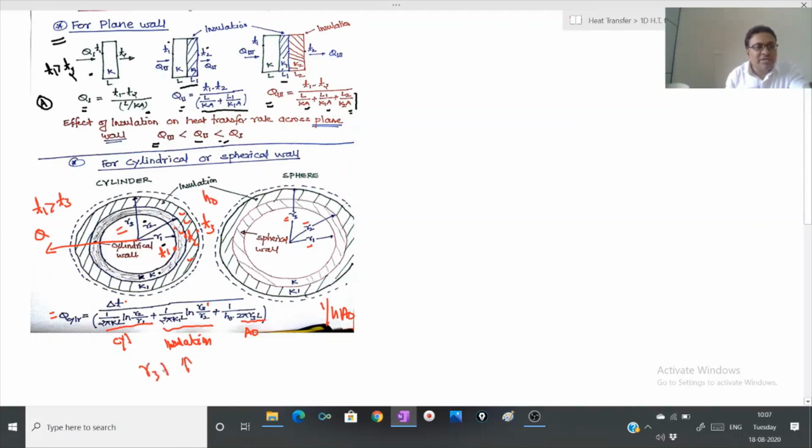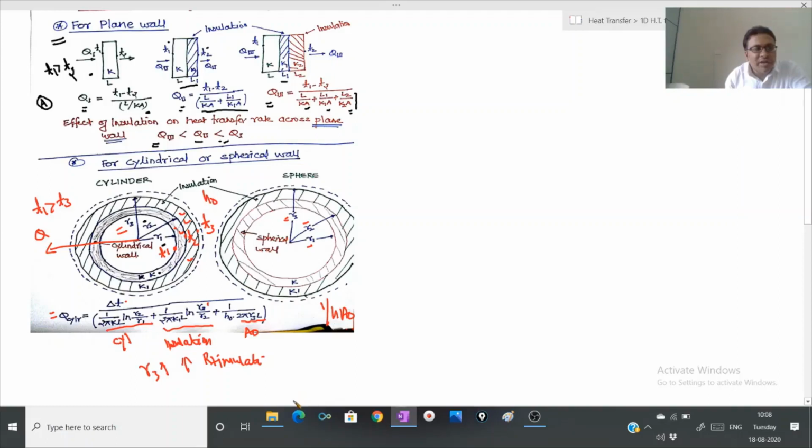So with the increase of R3, R_th insulation will increase. But at the same time, by increasing the outer radius of the insulation, by increasing the thickness of the insulating material, this thermal resistance, that is the convective thermal resistance, is going to decrease.